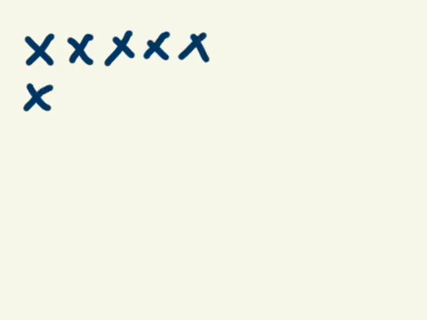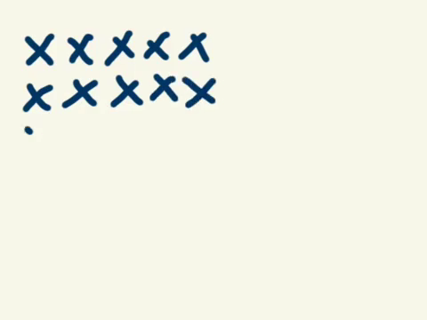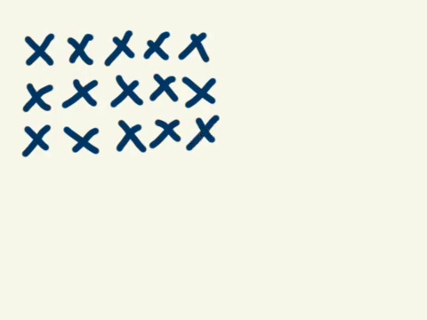Let's try another question. I want you to draw 19 objects on your whiteboard, and I will draw them at the same time. 1, 2, 3, 4, 5, 6, 7, 8, 9, 10, 11, 12, 13, 14, 15, 16, 17, 18, 19.